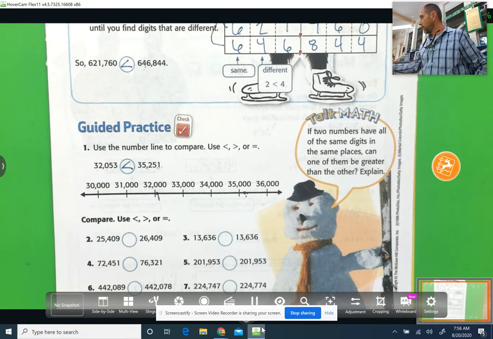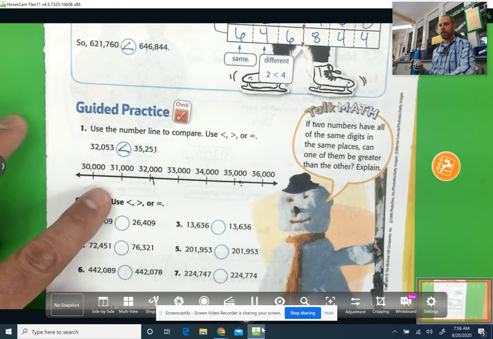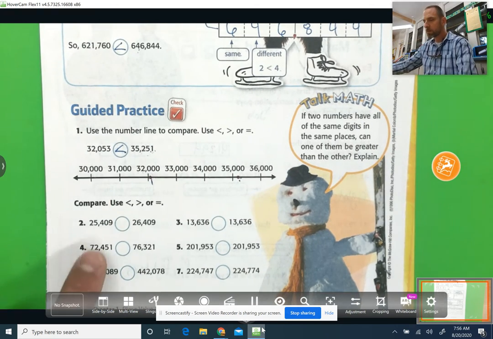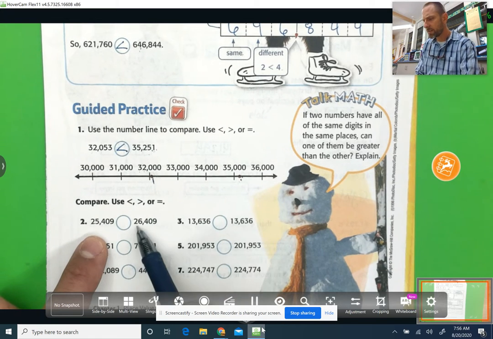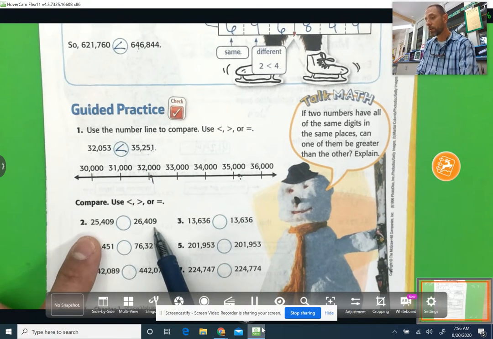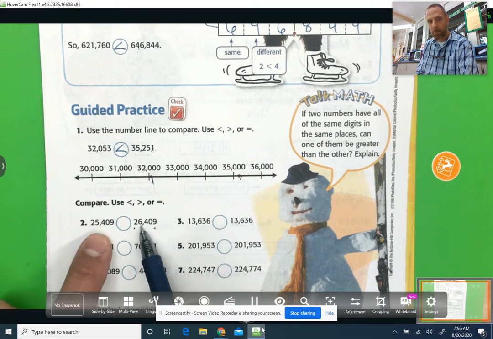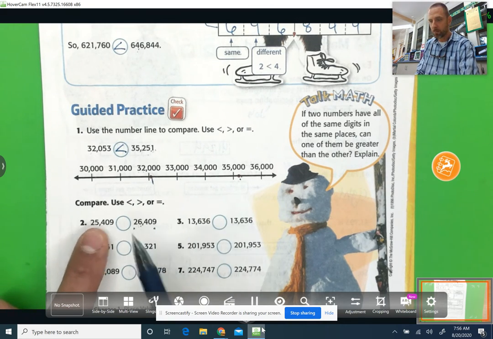So here we have a couple of options. I'm going to show you the stack method again, and then a couple of workarounds. 25,409 and 26,409. I can't use the 10,000s place, but check this out. I can use the thousands place.